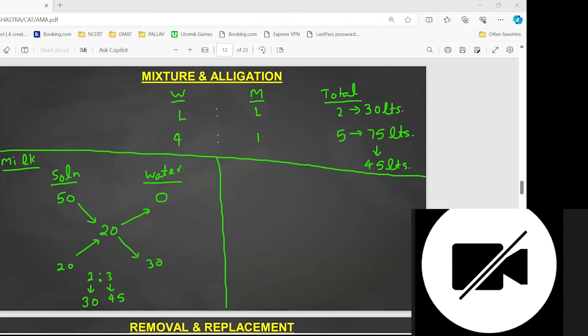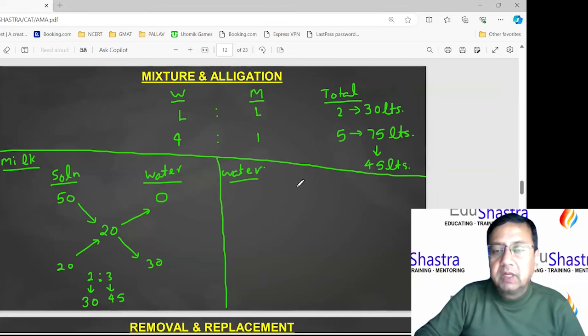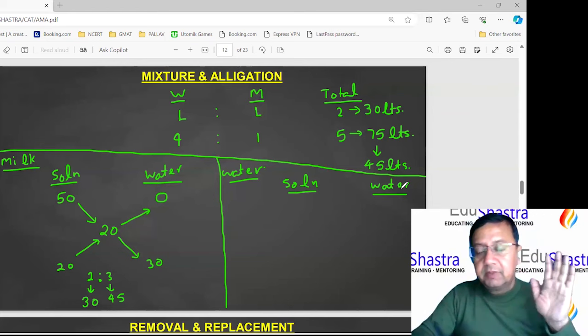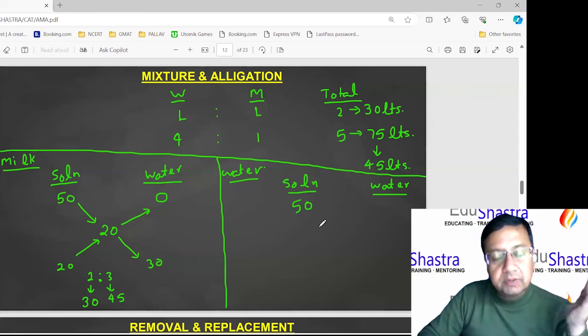Now, I am just showing you if you are taking the values of water. Same thing. We are having solution and we are having water. So if the solution is a 50% milk solution, I can say this is a 50% water solution.